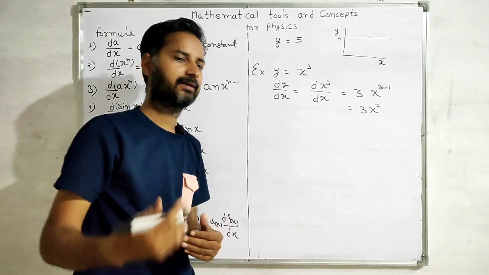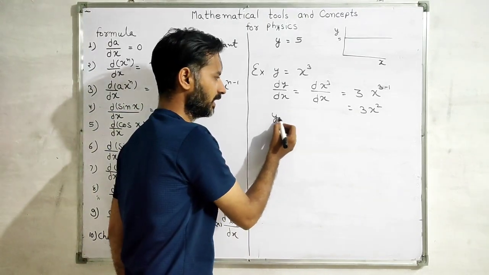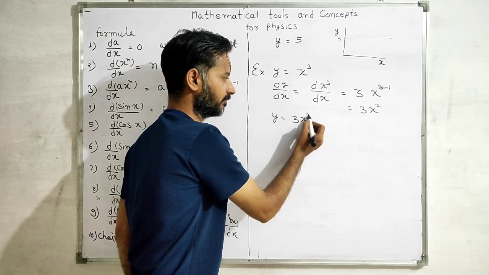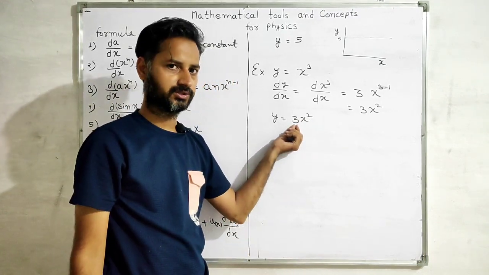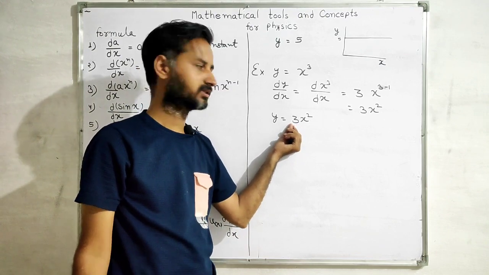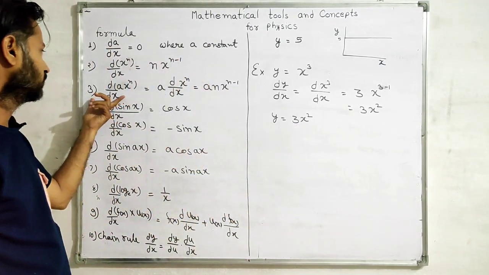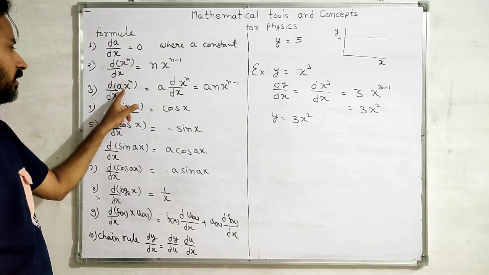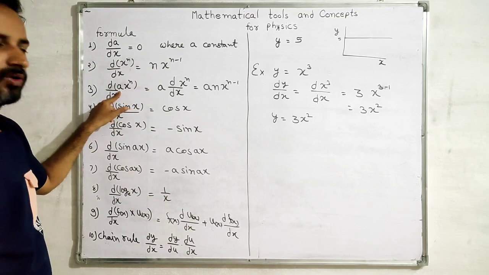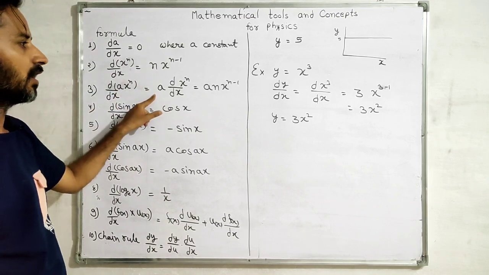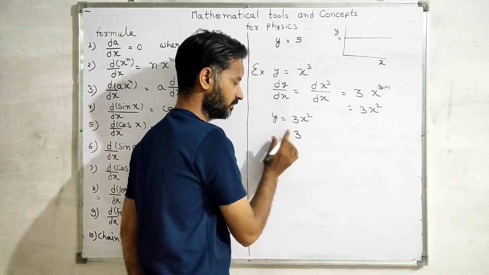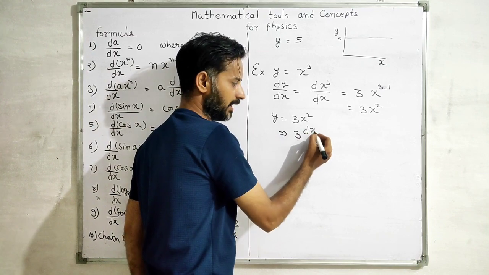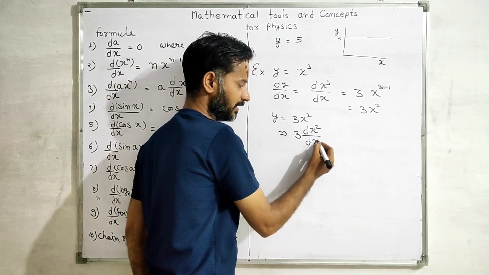If we again differentiate it, let y is equal to 3x to power 2. Now this 3 is not changing, so this 3 is constant, and we come to third rule, a x to power n, where a is constant, so this a will come out. So differentiation will be 3 d x square divided by dx.